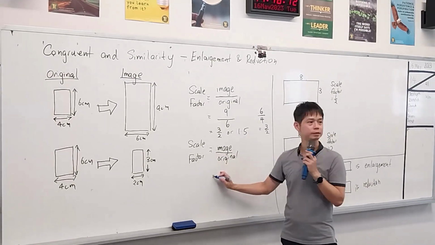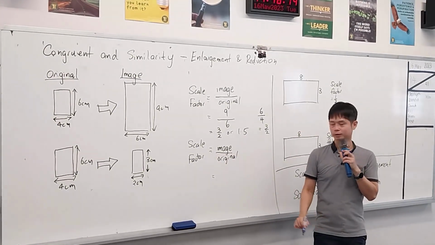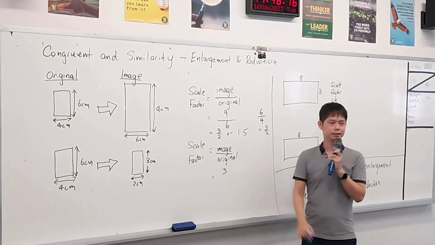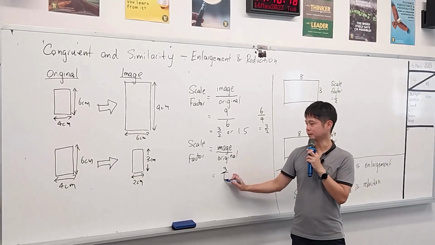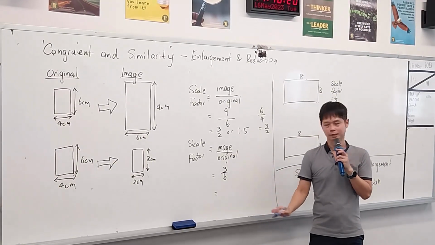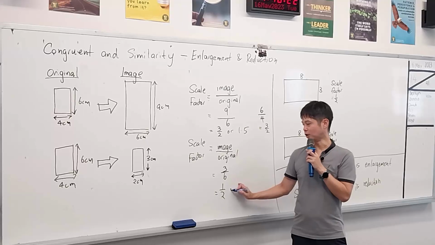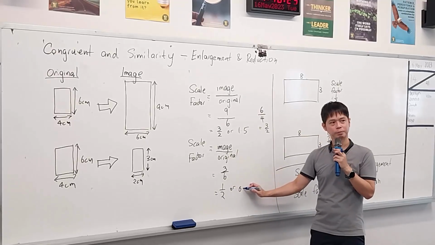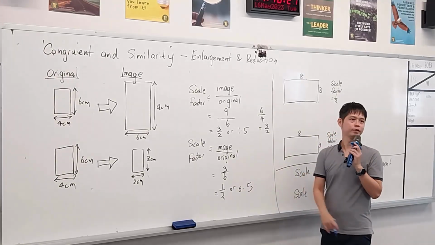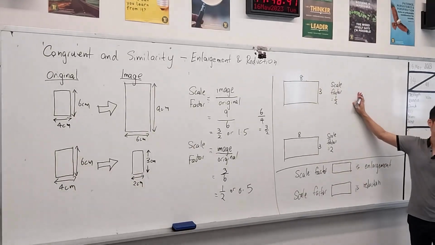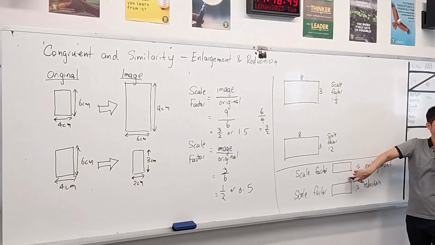I start with 3 over 6. What is the answer? Half, or 0.5.